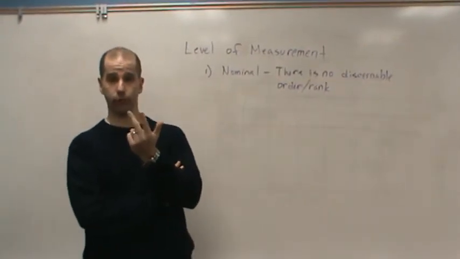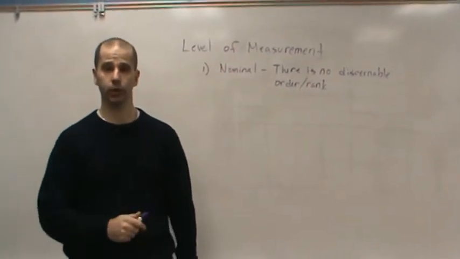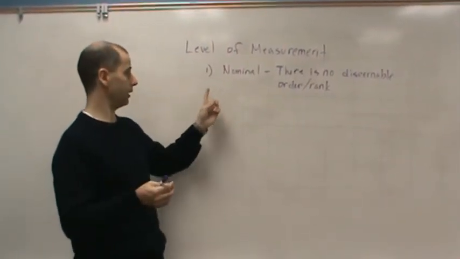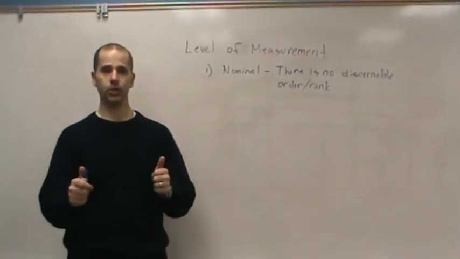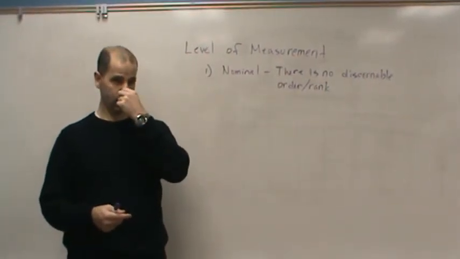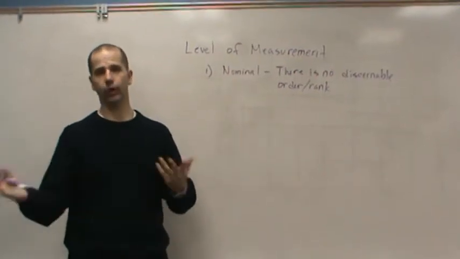Like freshman, sophomore, junior, senior. Now those are categorical variables, but that wouldn't be an example of nominal. They wouldn't have a nominal level of measurement because there's a ranking to them, right? As soon as they say freshman, you're first year, right? Second year, sophomore, so on and so forth.